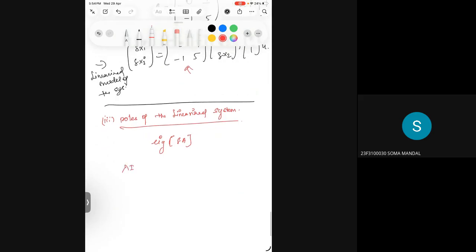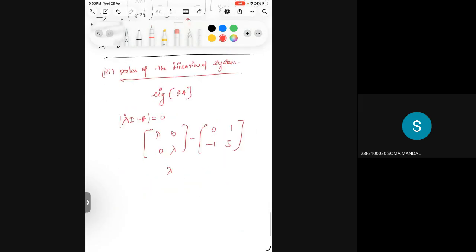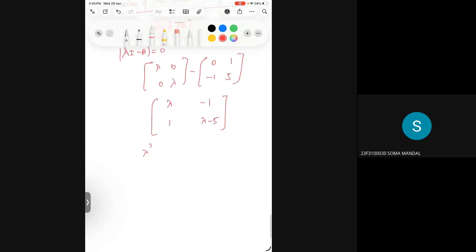So lambda I minus A equal to 0. This gives me lambda 0, 0 lambda minus 0 1, -1 5. So that is lambda, -1, 1, lambda minus 5. Lambda square minus 5 lambda minus of minus 1 plus 1 equal to 0.